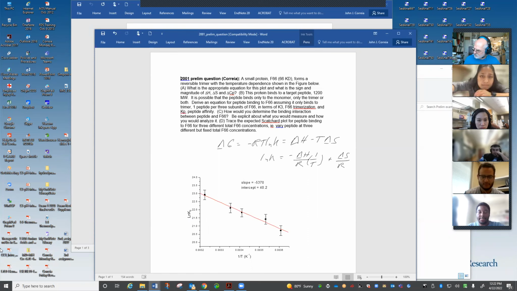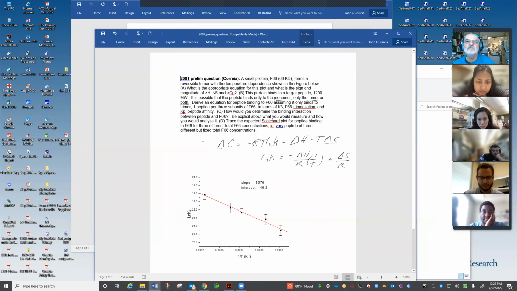I'm specifically asking just about this part of the question. Possible a peptide binds to monomer, trimer, both. I'm not asking for deriving an equation, but just that phenomenon, the peptide only binds to monomer, only binds to trimer. How would you study this?